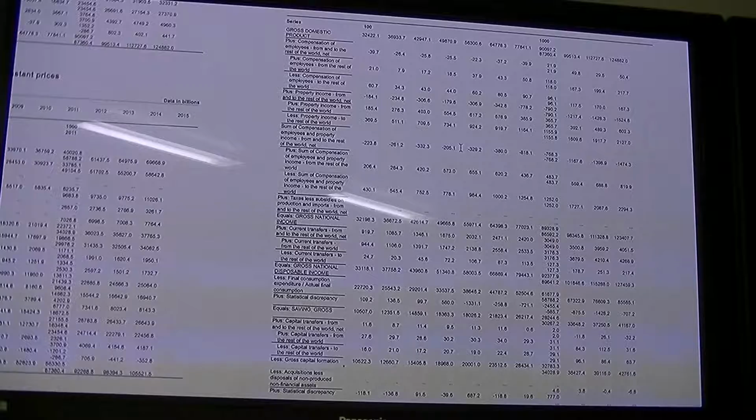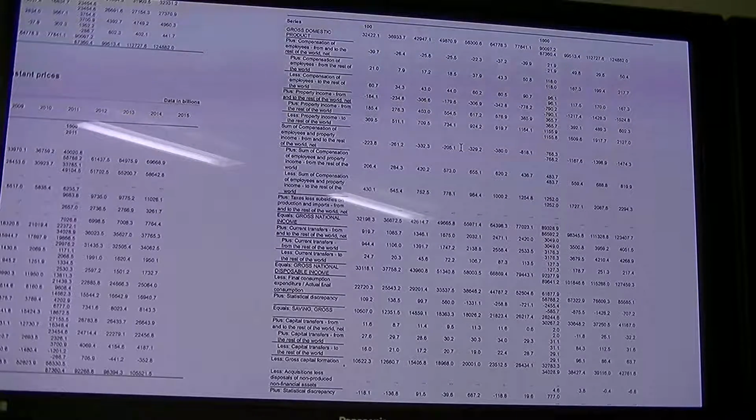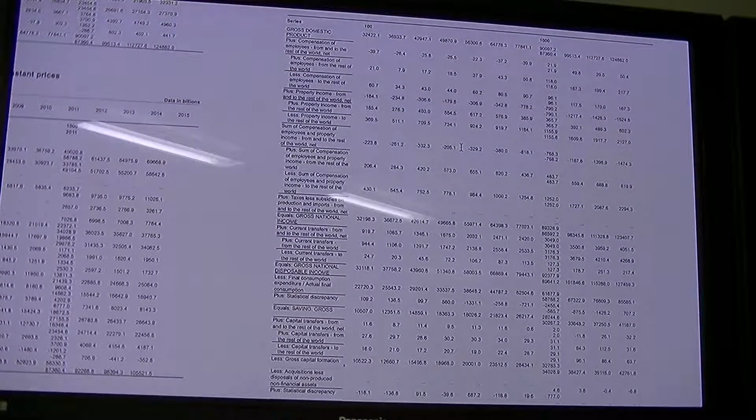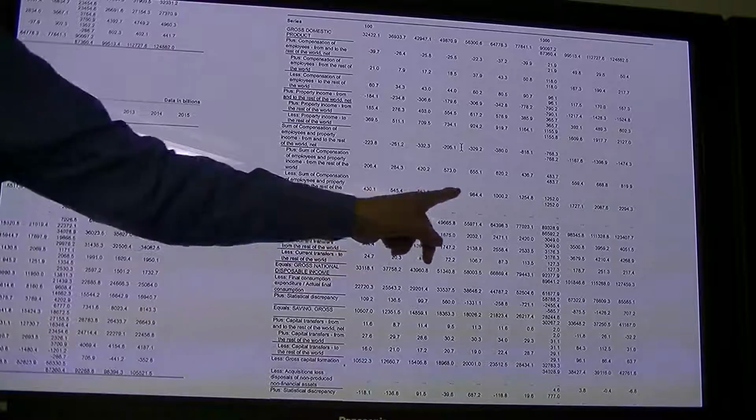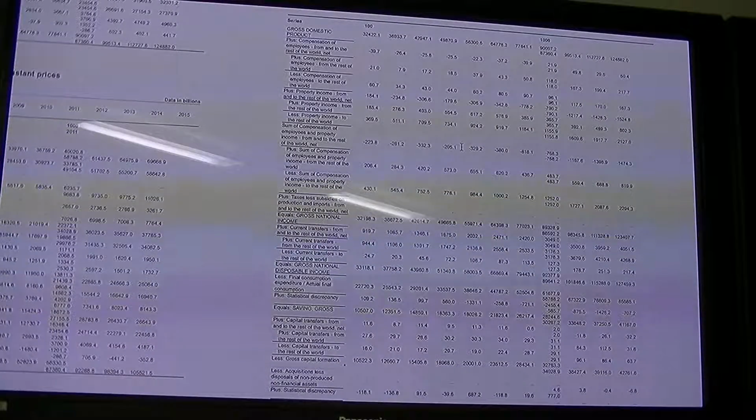So basically foreigners are coming in and buying your businesses. So when they're buying the businesses, they make money. They're taking the profits out of the country. That's showing up on this line. So that's why that increased. So you can see it shows you what was going on.